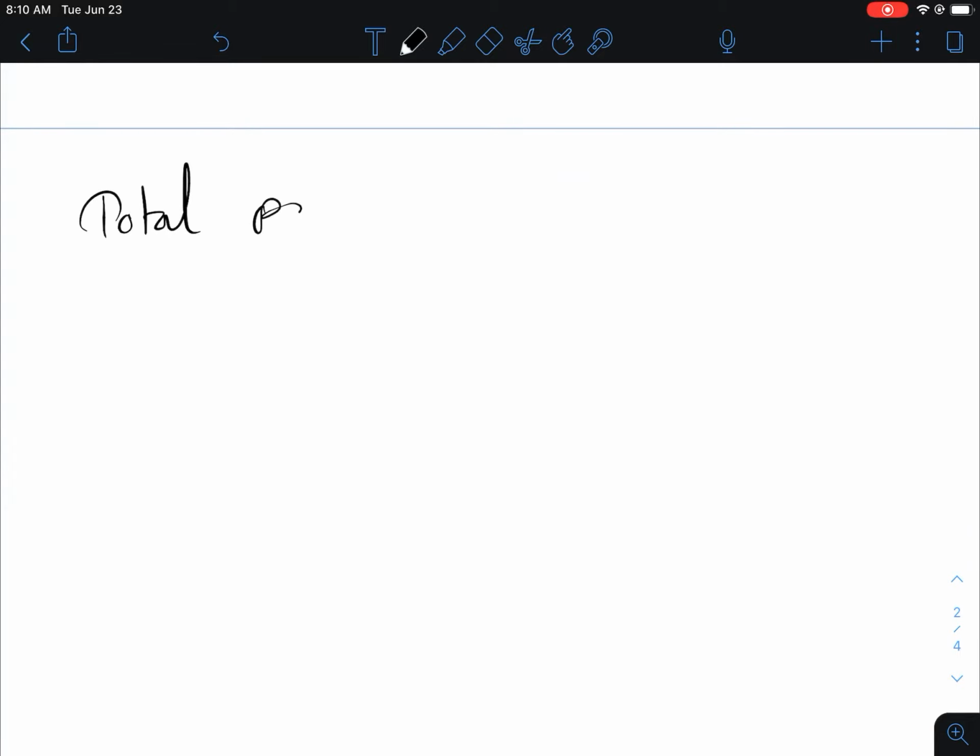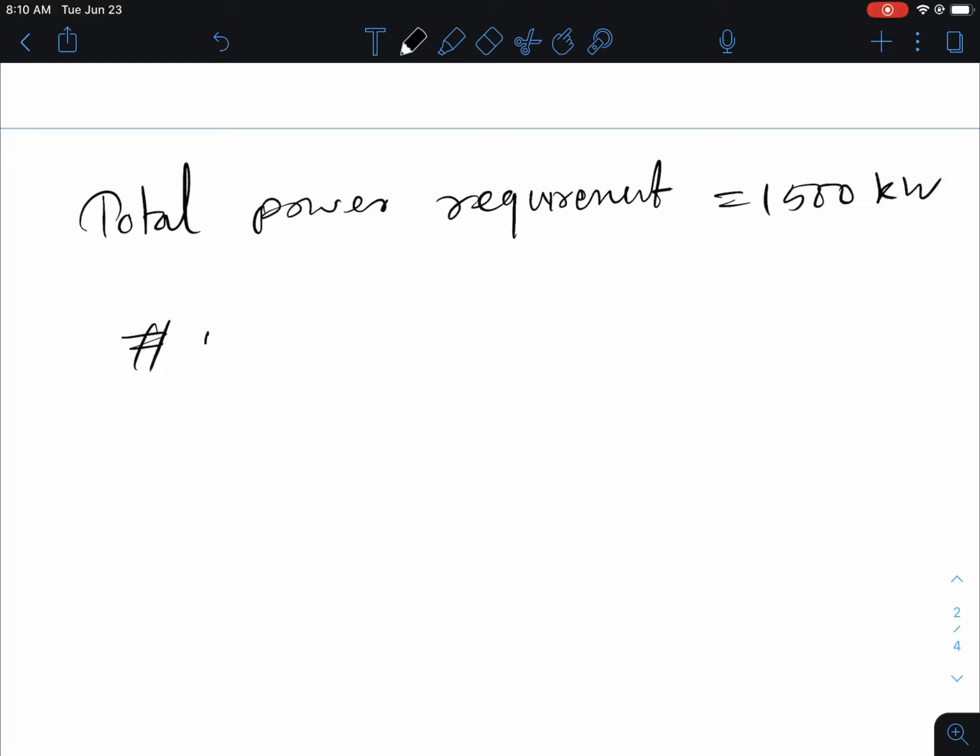The total power requirement was 1500 kilowatt.